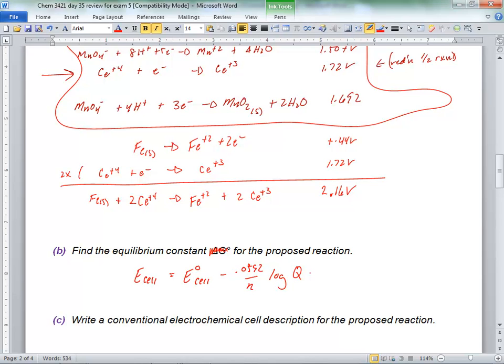So your equation to get the equilibrium constant, bring this over to the other side, right? Your negative signs will cancel. So E0 cell would equal 0.0592 over n log of K. Right? That's your expression for the equilibrium constant.